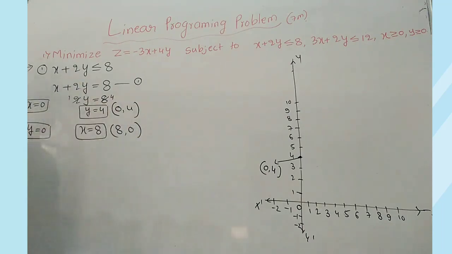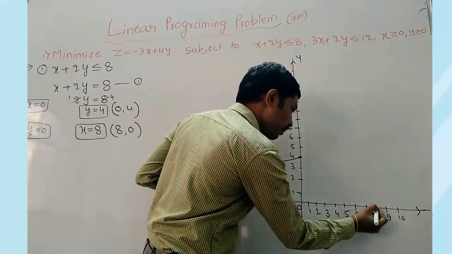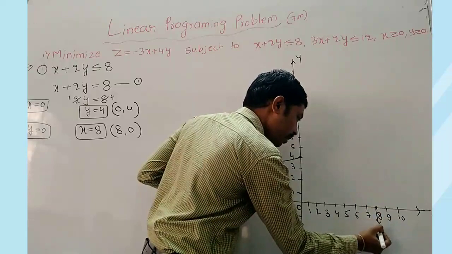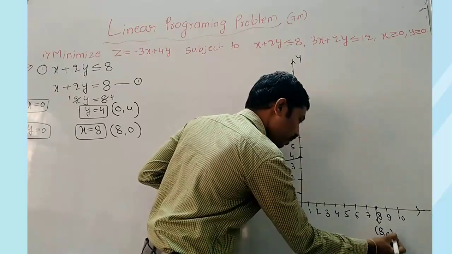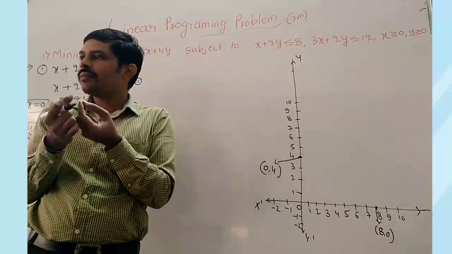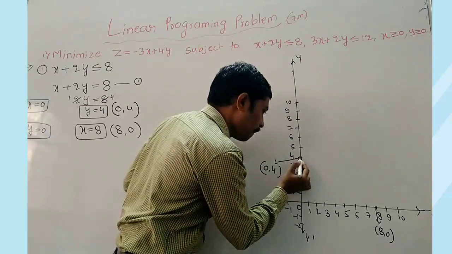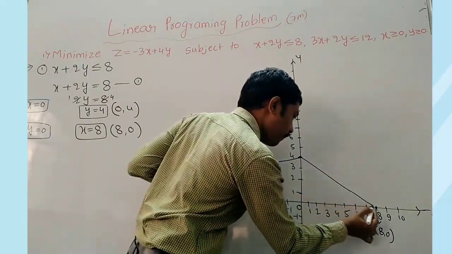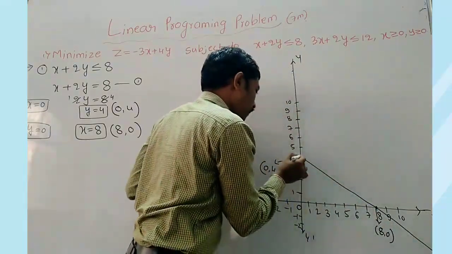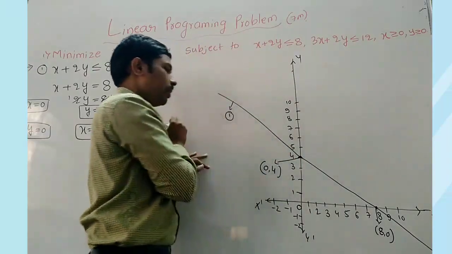Where will 8, 0 come? The x value is 8, the y value is 0, so here it will come. Now using these 2 points, is it possible to join a straight line? We can draw the straight line. So join these 2. Which equation is it? Equation 1.